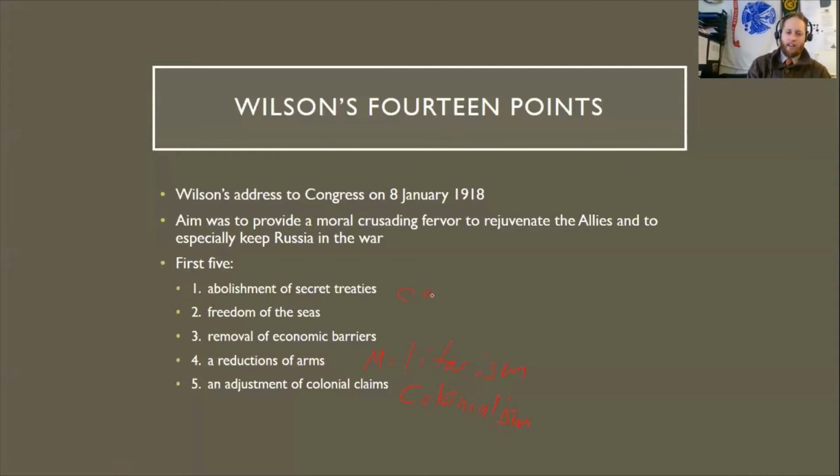We have entangling alliances, which is addressed with point 1. And we have imperialism in some ways, being touched on by effectively all of these. So several, if not all, of the causes of World War I are being wrapped up in these 5 points to try to, again, prevent another apocalyptic war.